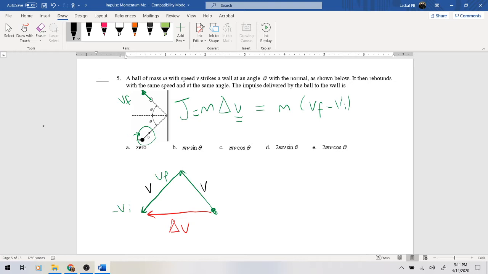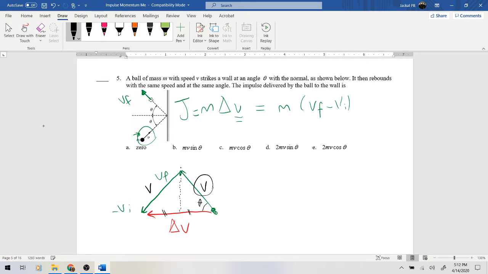So I need to think about the geometry of this. Alright, so we need to divide it into 2. So this is my angle theta, and I know that this distance and this distance are the same.